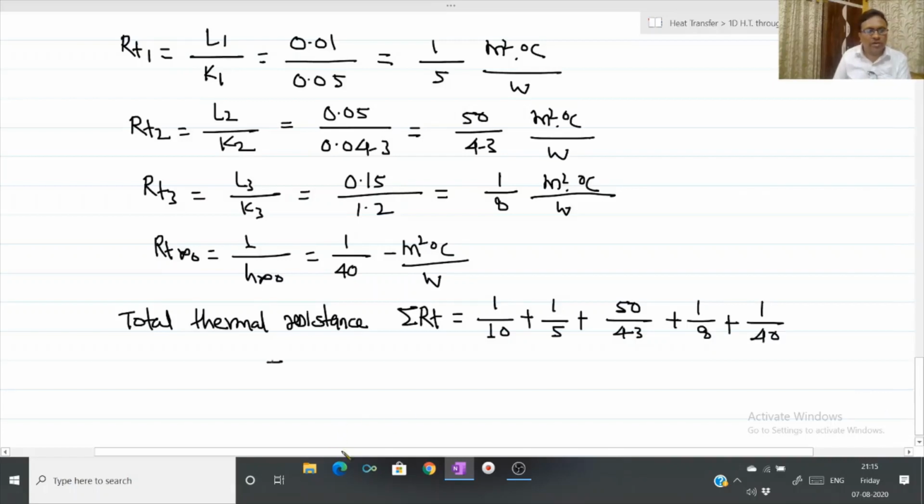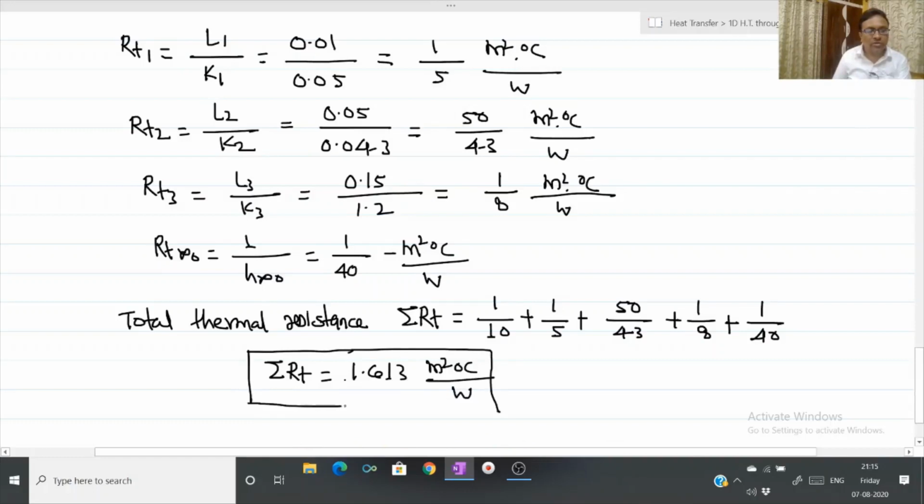So the value of total thermal resistance comes out 1.613 meter square degree Celsius per watt. And this is one of our objective to find out the value. So I can write here, it is answer.